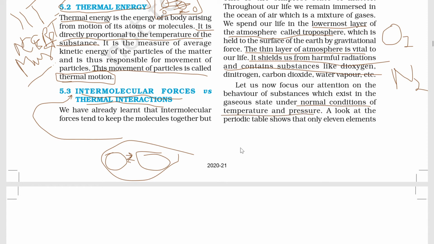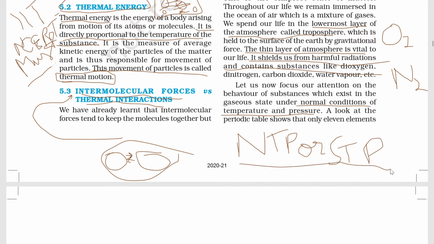This is also called NTP, or STP. STP and NTP are one and the same; there is not much difference between them. Just the full form: normal temperature and pressure, standard temperature and pressure.